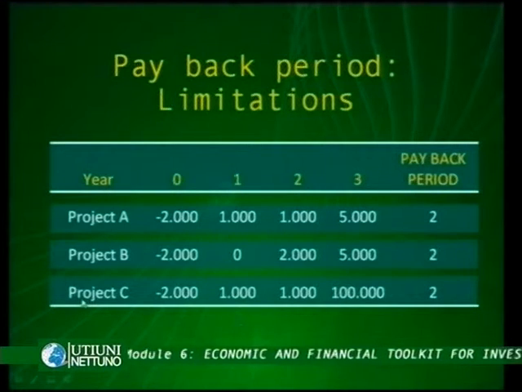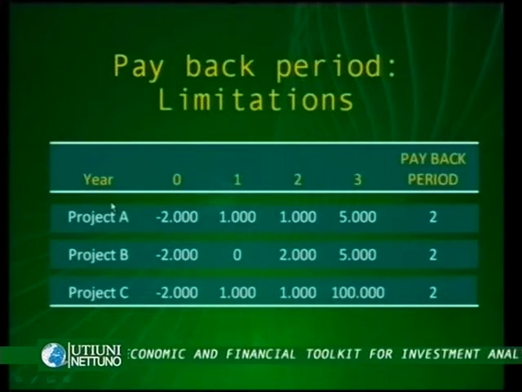initial investment is recovered. But if you apply the payback period as an objective indicator for project selection, this can create some problems. The payback period has some limitations that are clarified by this example.